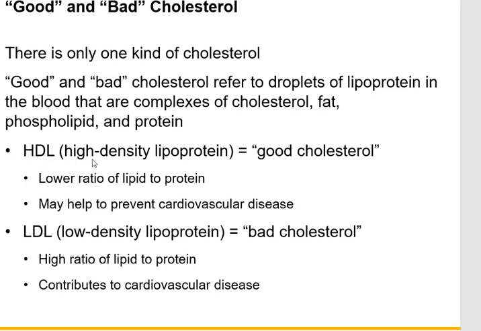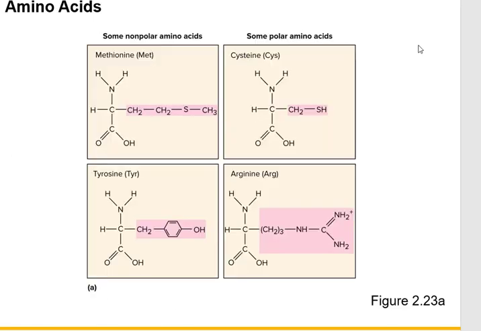And the idea is if you have a lot of HDL, then you should not be depositing the fats on the arteries and causing hardening of the arteries. So HDL, high density, is supposedly mopping up the smaller to keep you from having heart attacks.